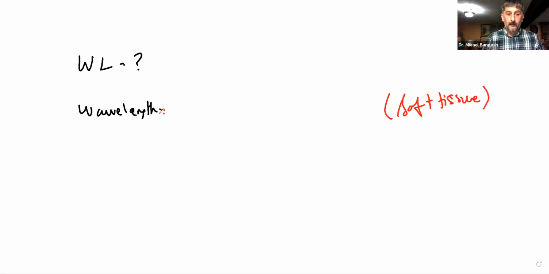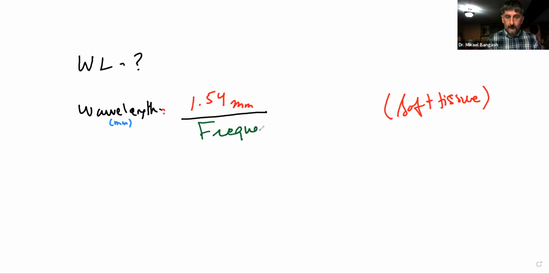Clear? Why? Because it uses this constant value here. Your wavelength, determined in millimeters, is 1.54 divided by your frequency, and that frequency is expressed in megahertz.